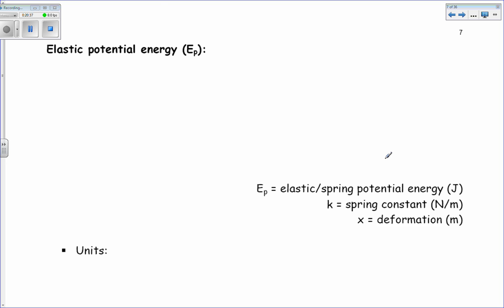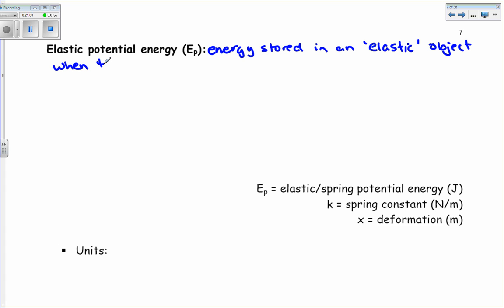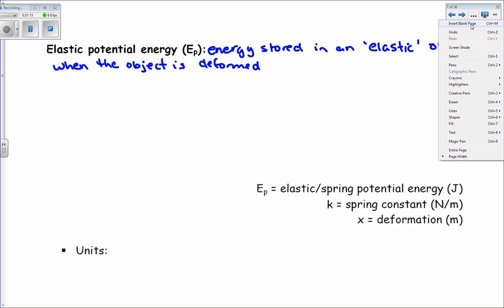Elastic potential energy is energy stored in an elastic object when it's deformed. So a couple of things here.